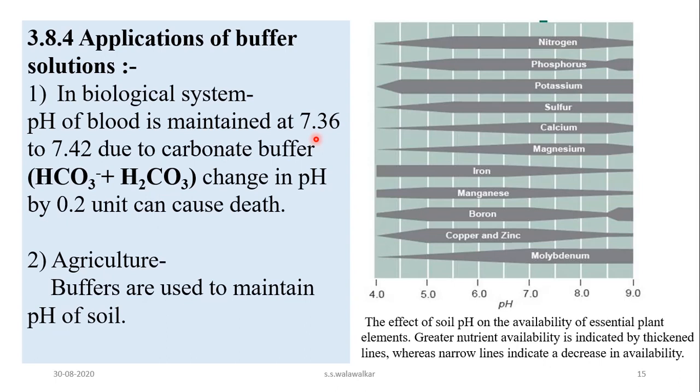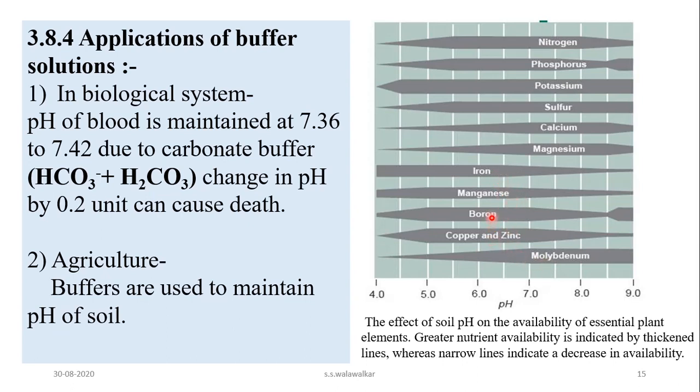You know that the pH of a soil is very important, because most of the nutrients are absorbed or available at a certain pH value. Here in this diagram it is shown that the thickness indicates the availability of the nutrient.